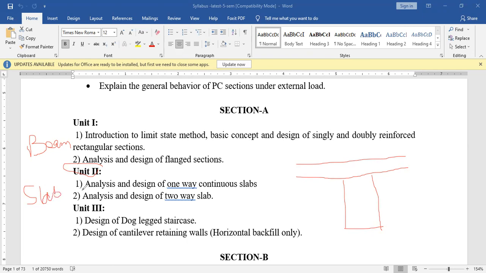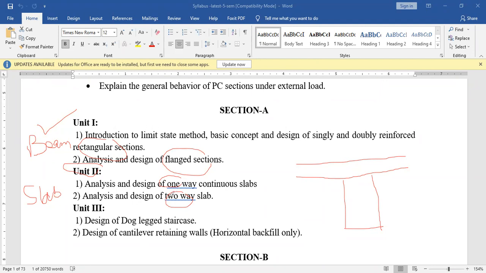First of all, we are going to go with the beam. This is the first part about the types of it: the flanged section as well as the rectangular section. Now, when we talk about the slab, slabs also have two parts, one way and two way. There is a certain criterion for it. So we will see how to design a one-way slab and how to design a two-way slab.